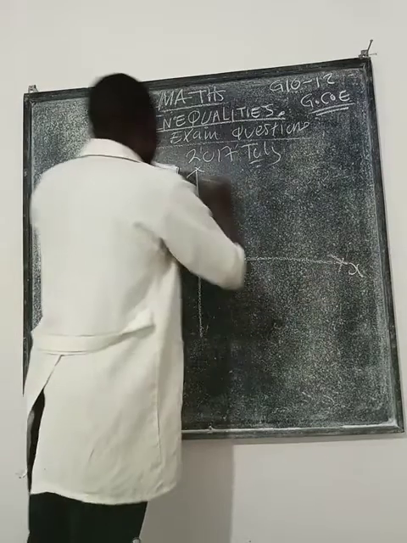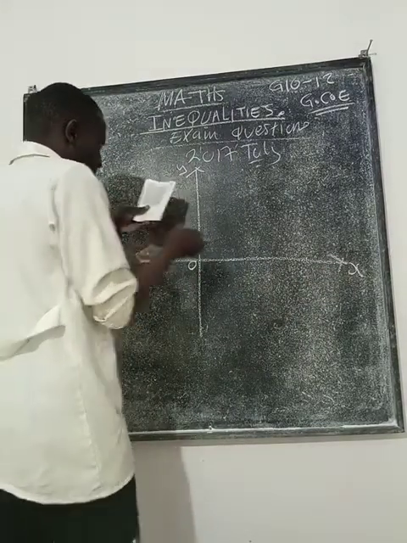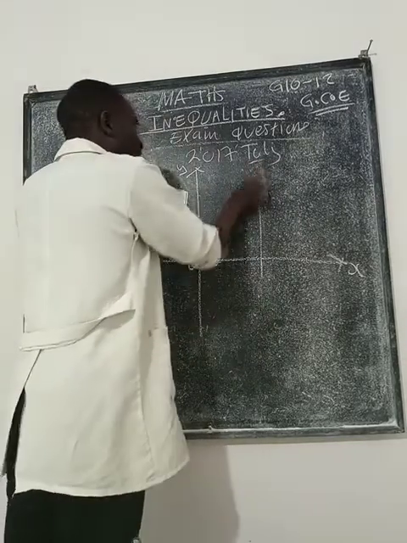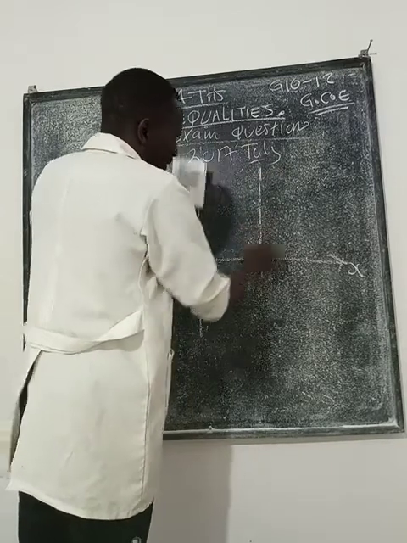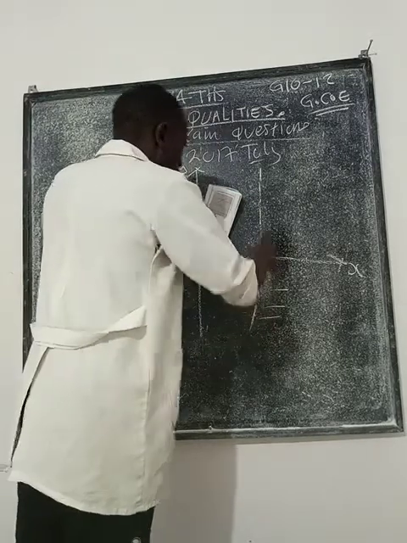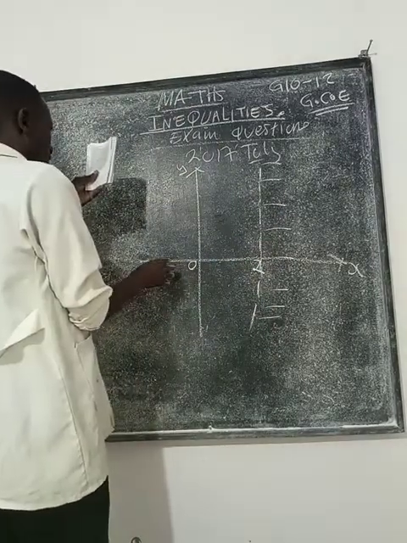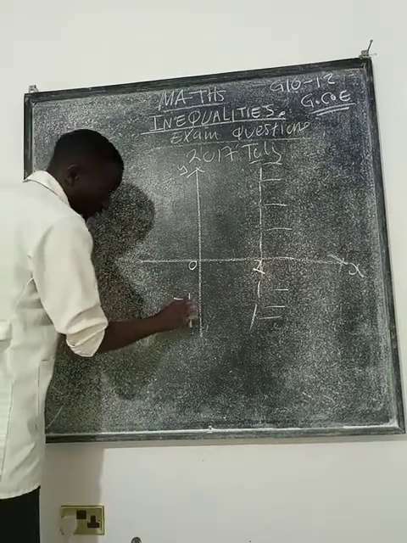This is our x, this is our y, this is our 0. I can see a line, in dotted form, being cut at 2, and the shading is this side. Then I have the other one, which looks like a broken line at -1.